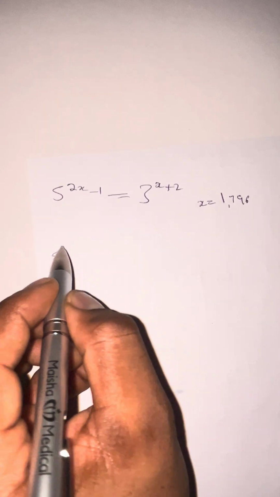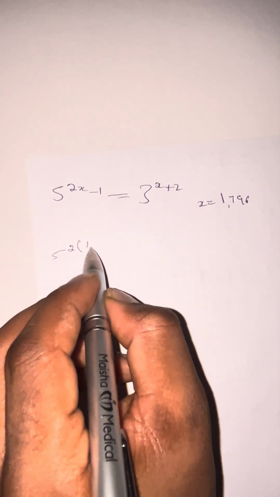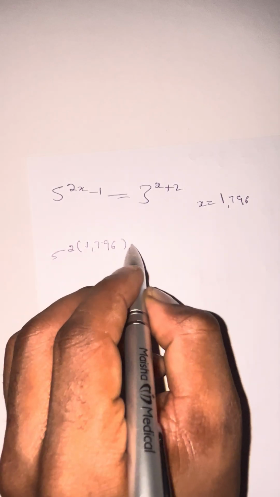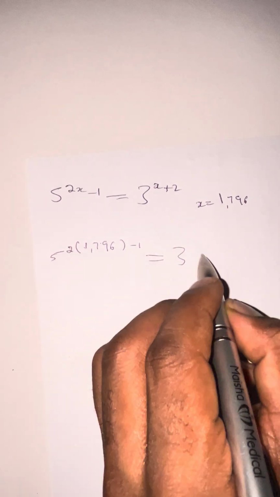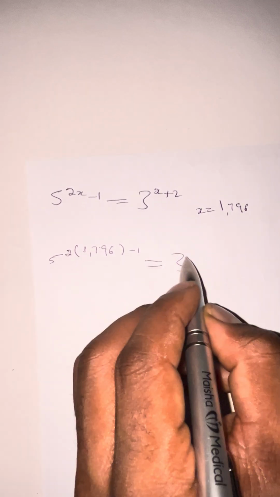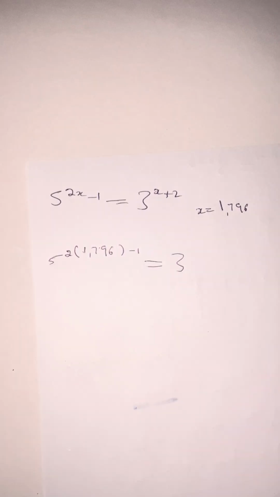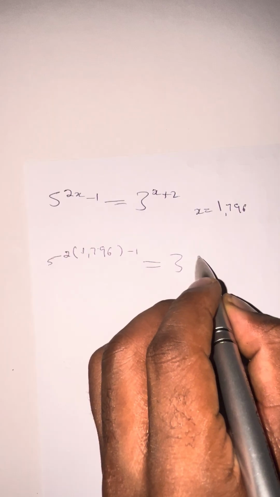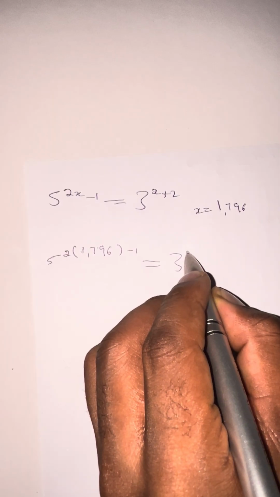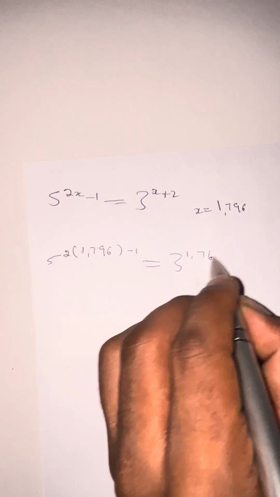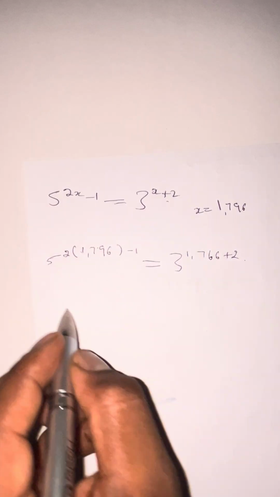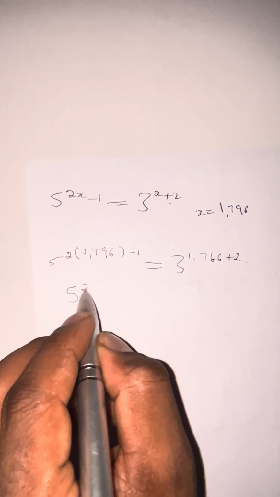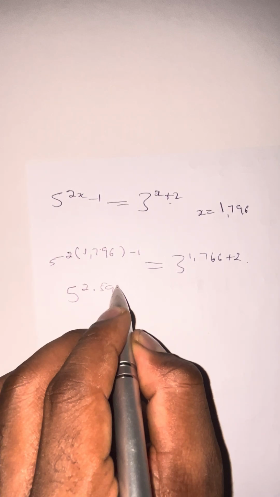5 to the 2 times 1.796 minus 1 is equals to 3 to the 1.796 plus 2. Now our left side is equals to 52.592.